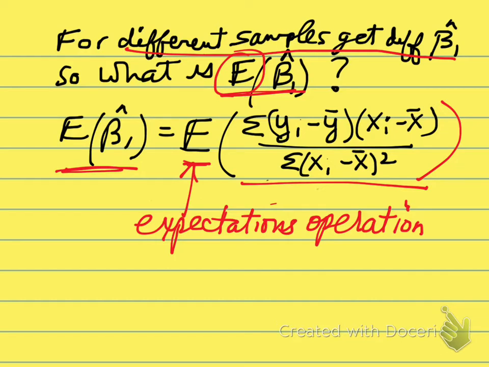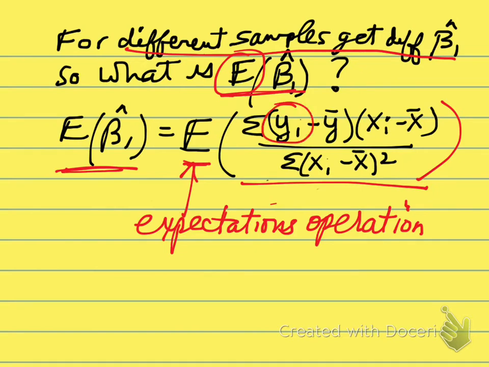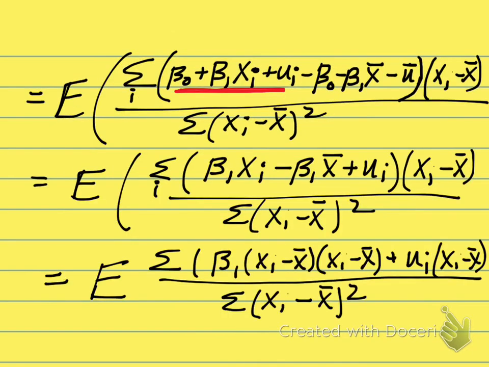So we can do some more math with that. Inside, if we go back here, here's yi. yi by definition is beta 0 plus beta 1 xi plus ui. That's our population regression model. And y bar then is just the mean of that. The mean of a set of terms is just the sum of the means of those terms.